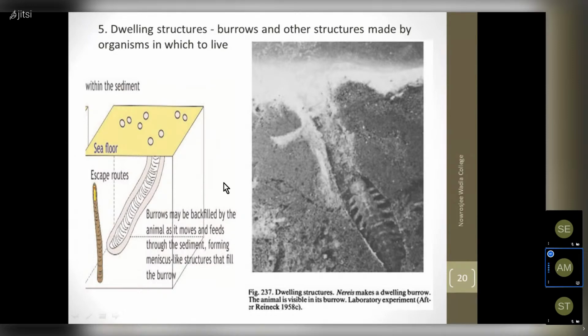Here we can see some pores that may be backfilled, as we can see here, by dwelling structures. The animal is visible in the pore here, so it can be moving and feeding through the sediments.